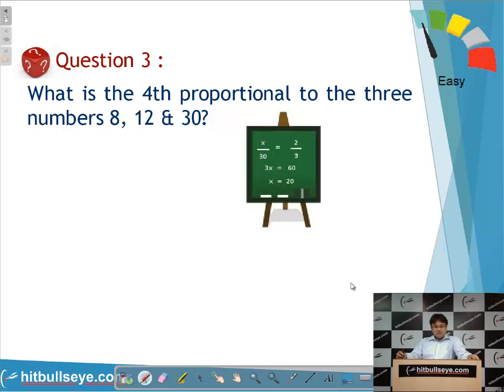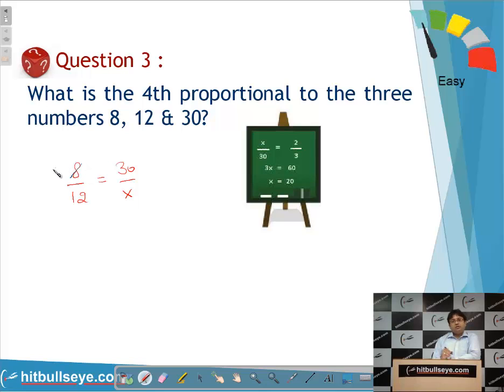The next question says, what is the fourth proportion to the three numbers 8, 12 and 30? I explained in the definitions how to write three numbers and take out the fourth proportion. If we take the fourth number to be x, we could write this as 8 by 12 equals 30 by x.